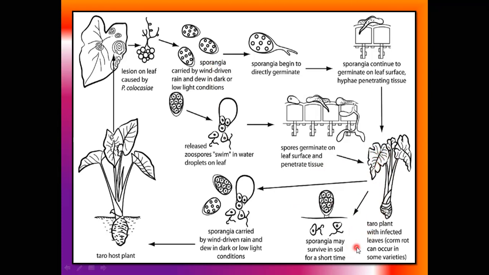produce the oospores. This oospore is a sexual spore formed by the union of the male gamete, that is antheridium, and the female gamete, that is oogonium. So oogonium and antheridium fuse with each other and produce the two-walled spherical oospores.